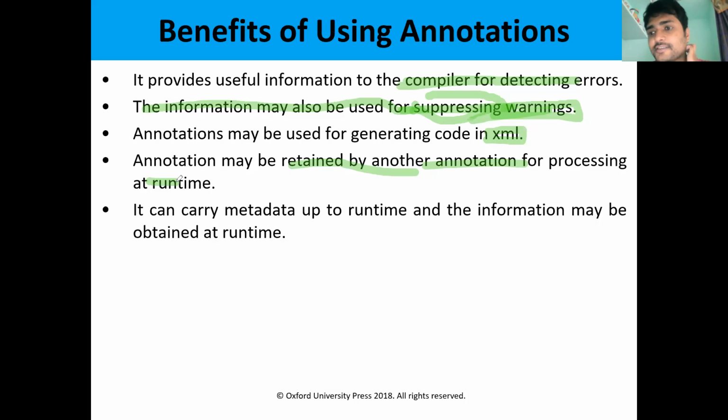Like that we are giving the access permissions also. Likewise, if you create any annotation, what is the lifetime of that annotation? That means what is the retention? Retention means how far the annotation can stay alive, up to the class, or up to the compile time, up to the execution time. So we have so many options in this.